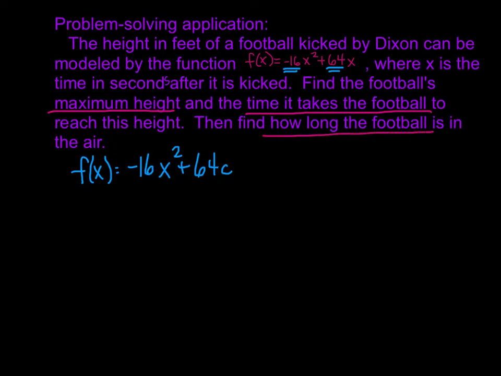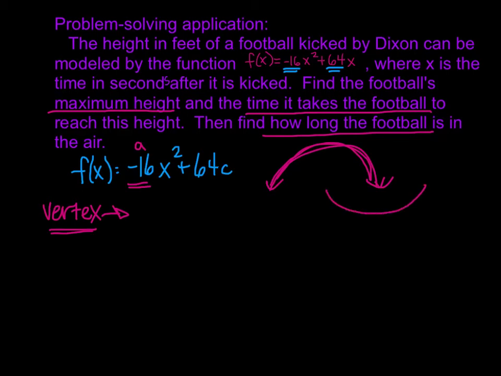So essentially the maximum height and the time it takes is our vertex of our parabola. We need to find the vertex, and because it's a -a term, it is a parabola that's pointed down, something like this, which makes sense. I mean, the trajectory of a football is kind of a rainbow shape versus upside down.